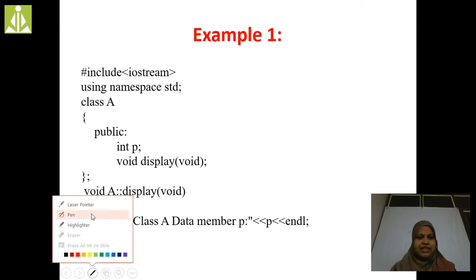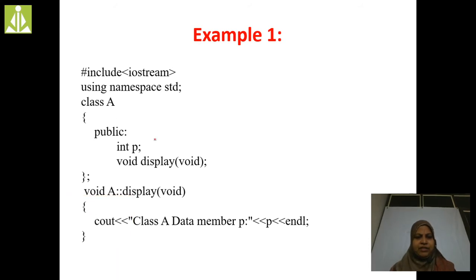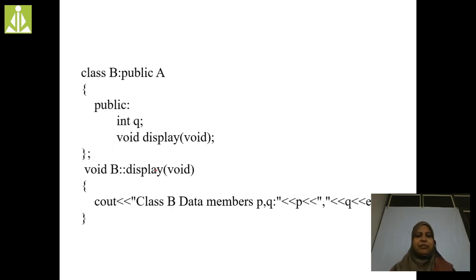The derived class inherits all the properties the base class has. In the base class we declare the variable p and the display method, and outside the class we define the display method, whereas class B is derived from class A. Here we are performing single inheritance.